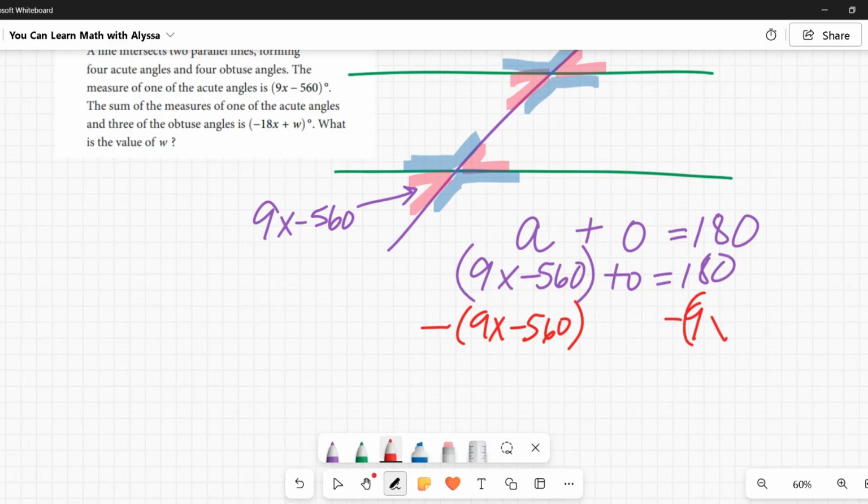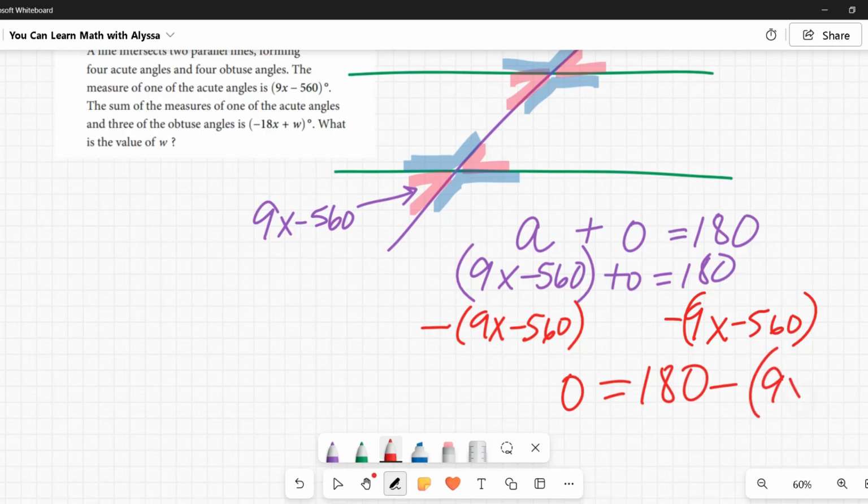Minus (9x minus 560). And now I know that that obtuse angle is equal to 180 minus (9x minus 560).